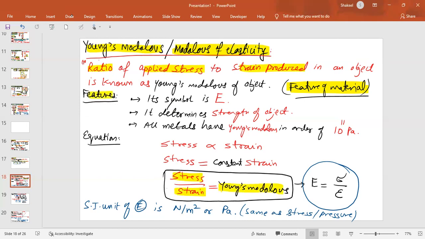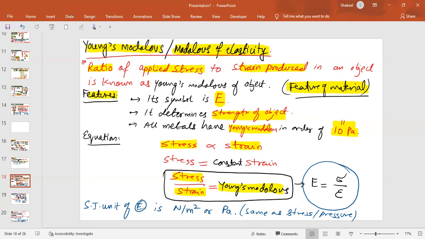Okay, so what are some of the features? Its symbol is E, and it determines the strength of the object. All metals have Young modulus in the order of 10 to the power 11 Pascal. Every material has its own value of Young modulus. For its equation, we know that stress and strain are directly proportional.